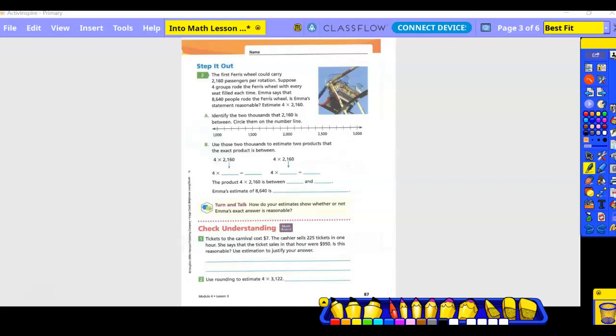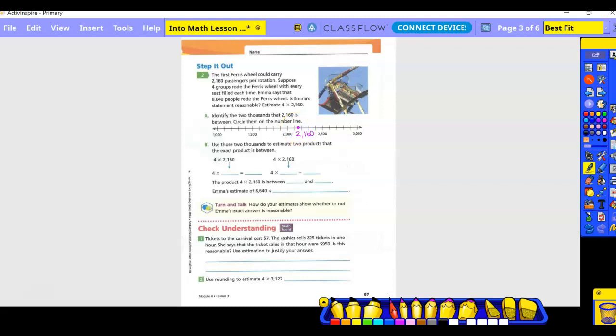Okay, so identify the 2,000s that 2,160 is between. Circle them on the number line. So we need to place 2,160. It looks like these go by 100, 200, 300, 400, 500, so 2,100 would be here, and 2,160 would be about right there.